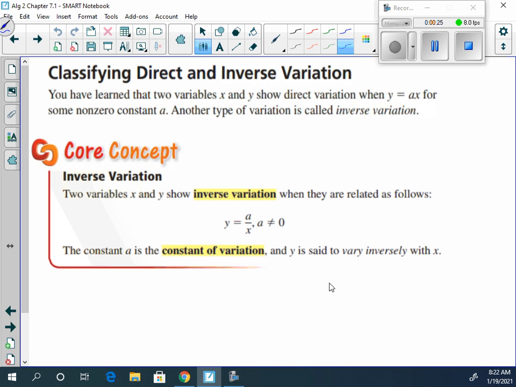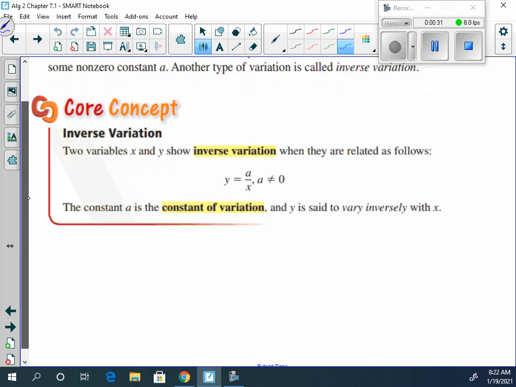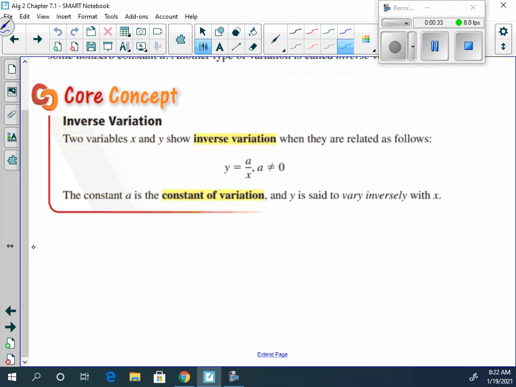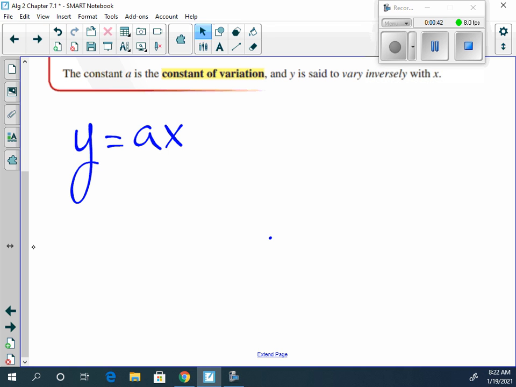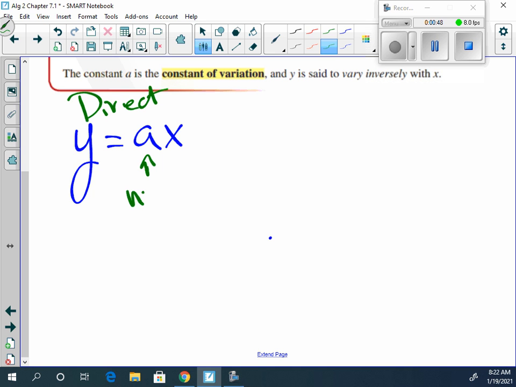Now, you've learned the two variables x and y show direct variation when y equals a times x for some non-constant a. So when we talk about direct, and you can write this on the page, y is equal to a times x. This is direct. And a is just a number.